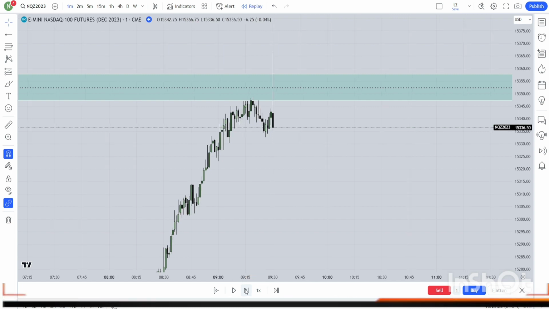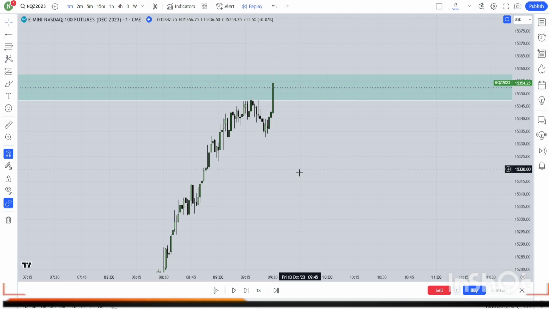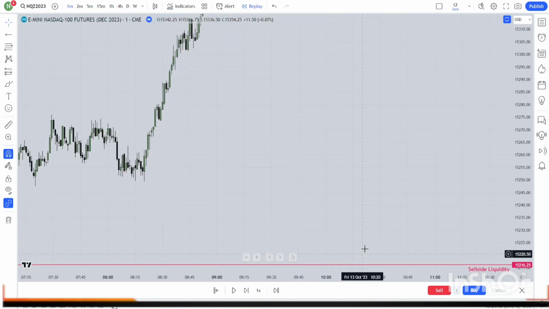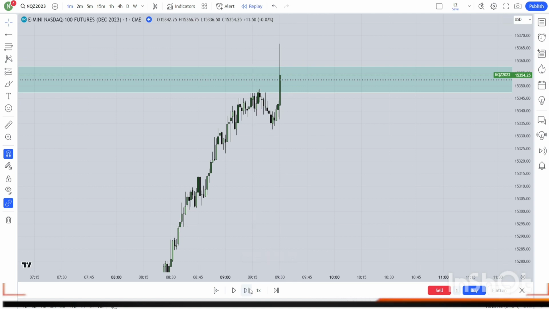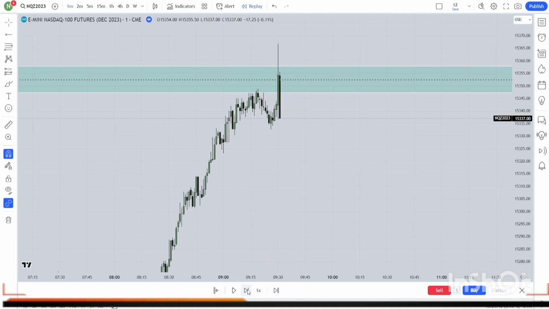This is 9:30, and you can see price went higher, but it closed above this consequent encroachment. I don't want any candle to close above the consequent encroachment if price would like to go lower and take the sell side liquidity. This is the thinking. So I will read what the price would actually like to do.